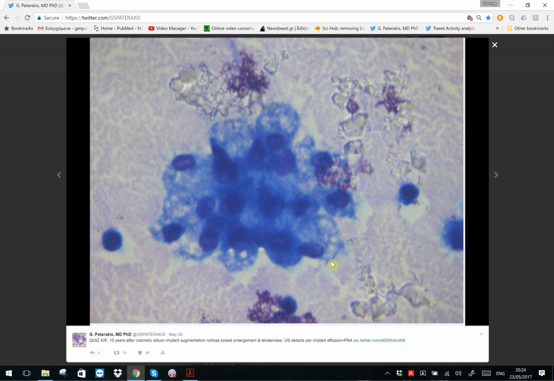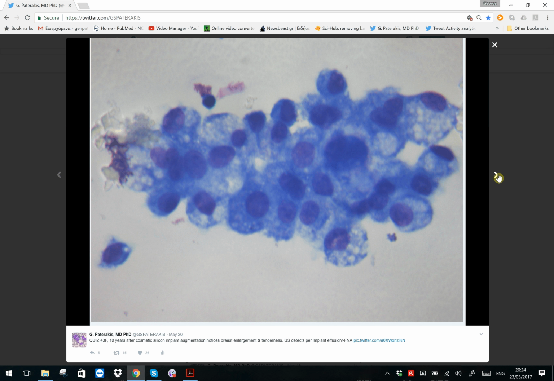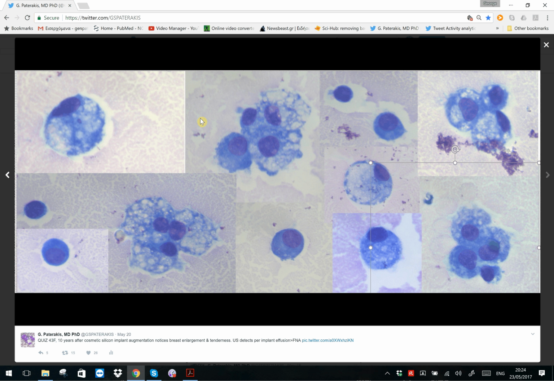Should they be monocytes? What are the relations of monocytes and silicone implants? When we look up the literature, we see in vitro interactions between silicone gel and human monocyte macrophages.